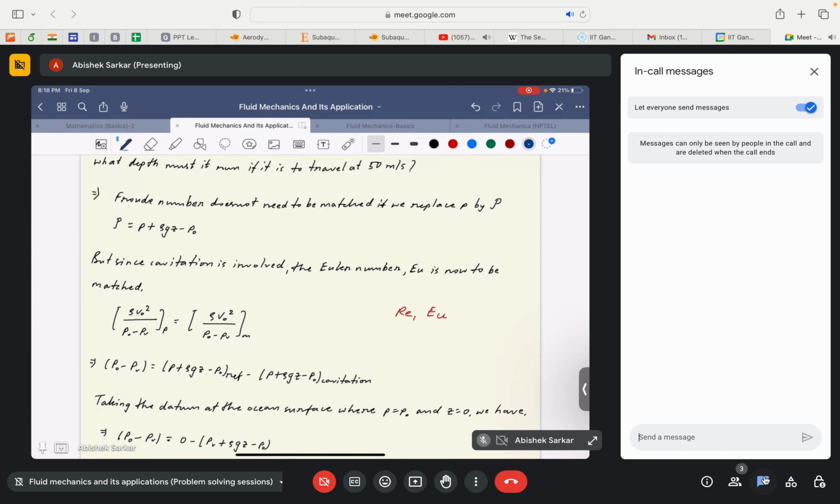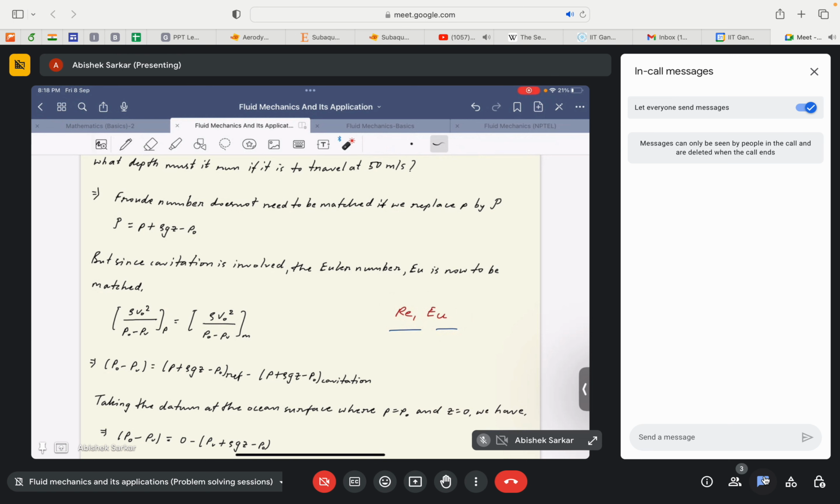But let me just say that we are dealing with Reynolds number and Euler number, and these are two non-dimensional numbers that have to be matched to get a better idea of how the different flow parameters would change if we change other flow parameters in the fluid flow problem. But it may happen that while comparing these two non-dimensional numbers, you may end up with different values of the flow variables.